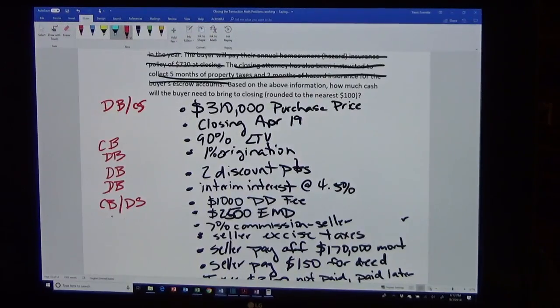Earnest money deposit is going to be credited to the buyer. 7% commission is going to be debited from the seller. Seller excise taxes debited from the seller. Seller pays off the $170,000 mortgage, that's debit to the seller. Seller pay $150 for the deed, that's debit to the seller.